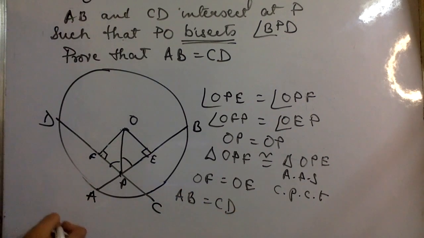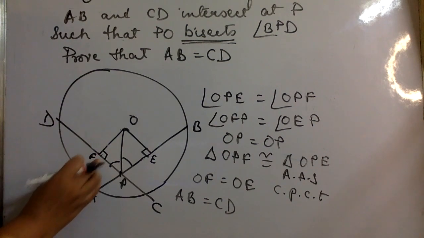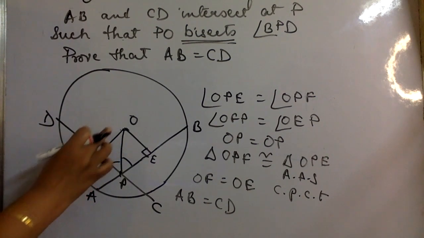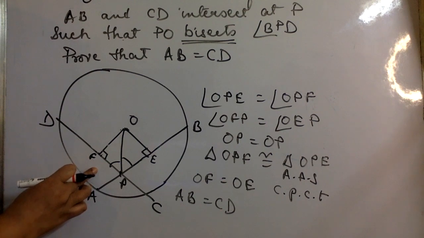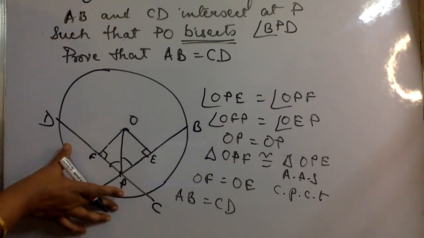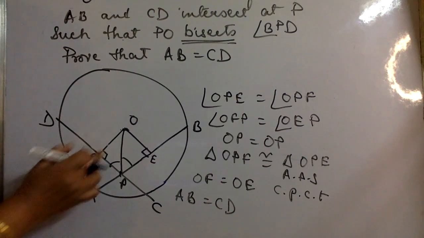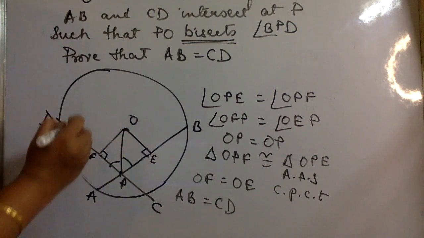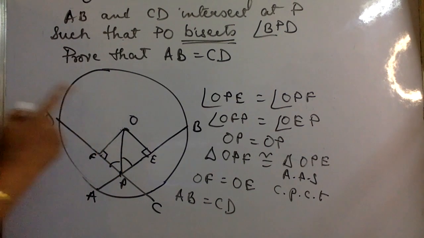Why? Because if a chord is equidistant from the center, then they are equal. Similarly, two equal chords are equidistant from the center, and this line is nothing but the distance of the chord from the center.